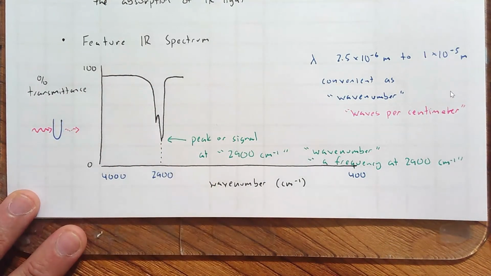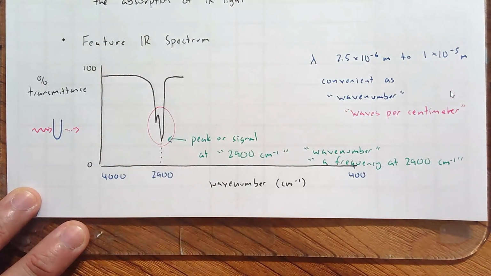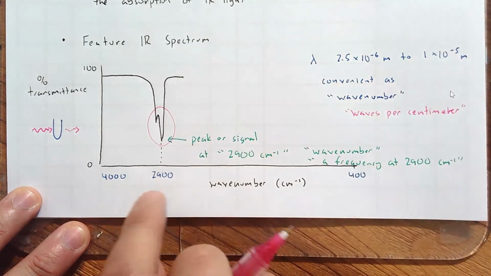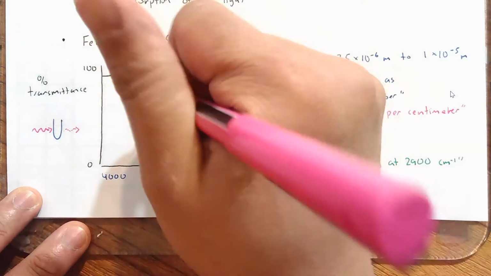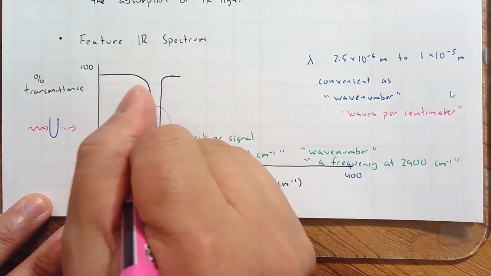So this area right here, the molecule absorbs very well at 2900 inverse centimeter because it has very low transmittance.